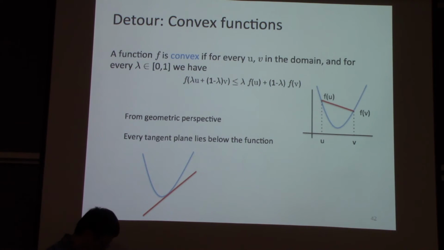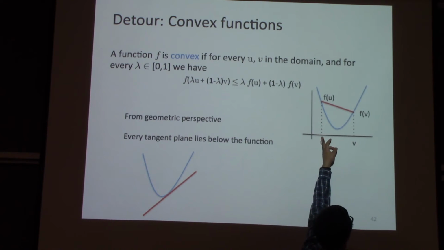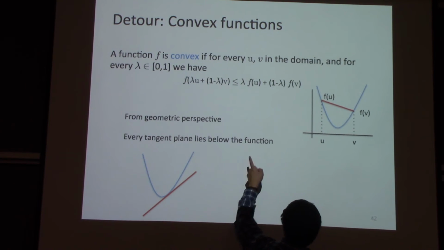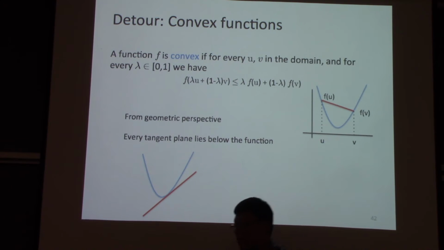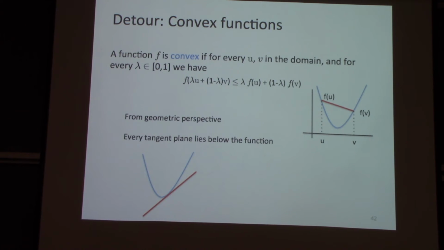So what we are doing here is, by changing lambda, the x point moves in between these 2 points. The function value f of that is the point on the blue curve. And that one is always less than or equal to the value given by the line segment.